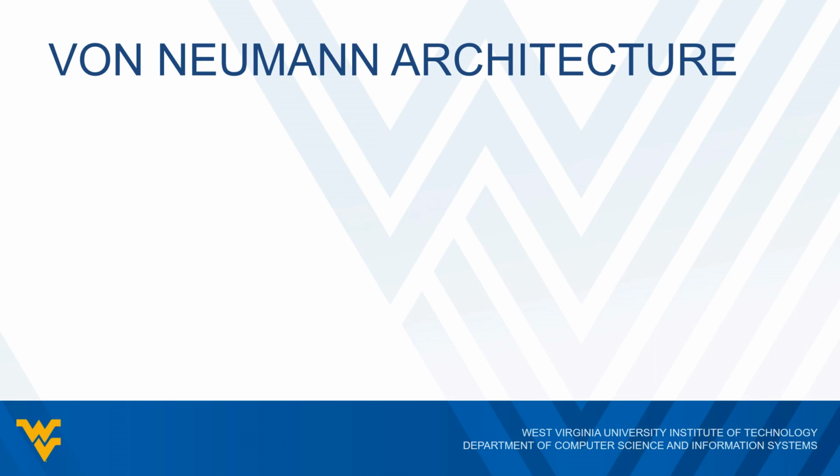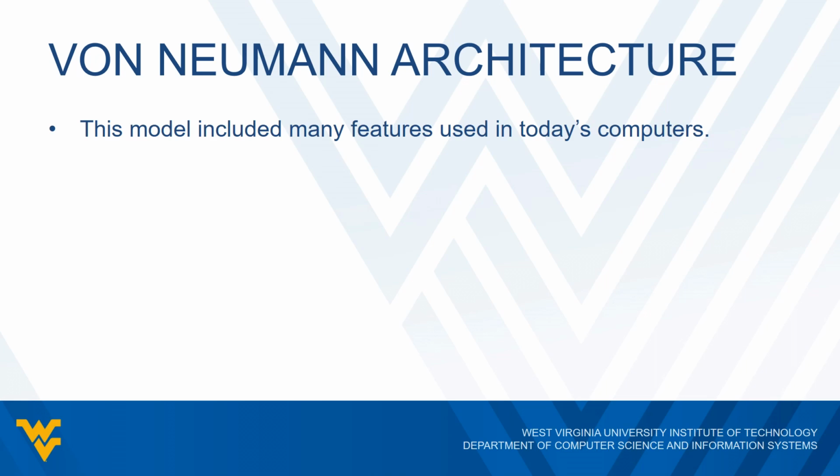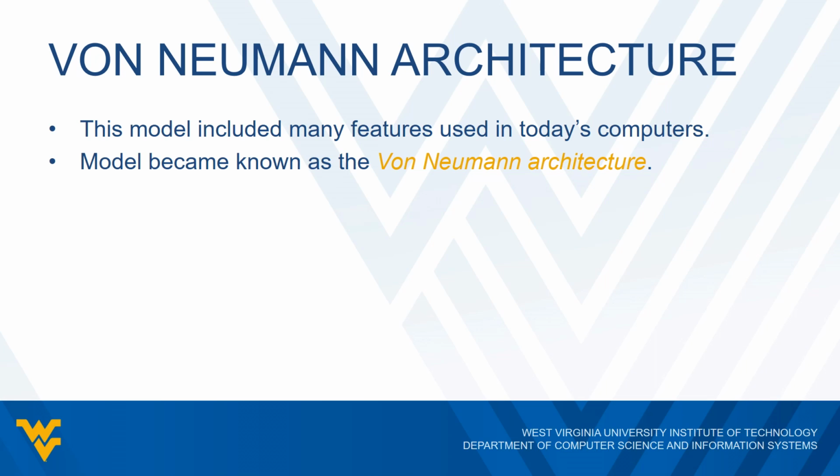The model of computing that was proposed by von Neumann included many of the important features that we find in today's computer systems. In fact, in order to honor von Neumann, they named this model the von Neumann architecture. And we will be looking at this in more detail later on in the course. Many researchers took this model and used it to design more machines.